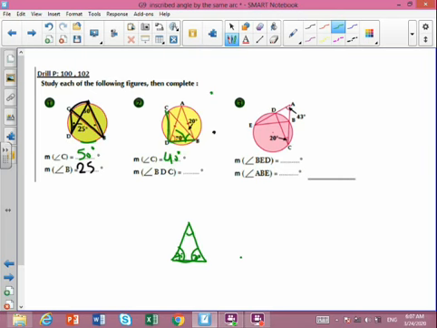To get BDC, I want the small part. The small part equals what? Excellent. The small part equals angle ABC. If you look at the blue one here, the arc is AC, and ABC and ADC are subtended by the same arc. So this part is 20. 20 and 70 equal 90.